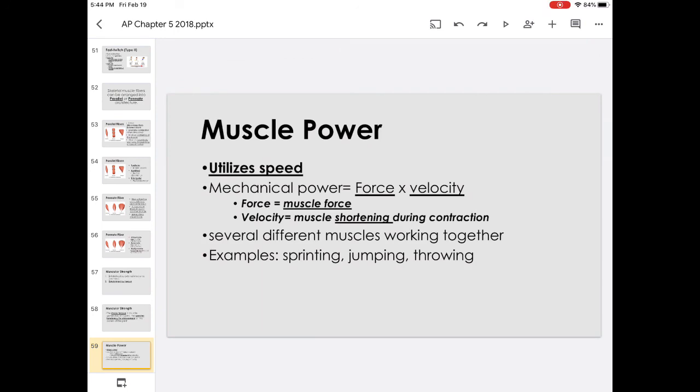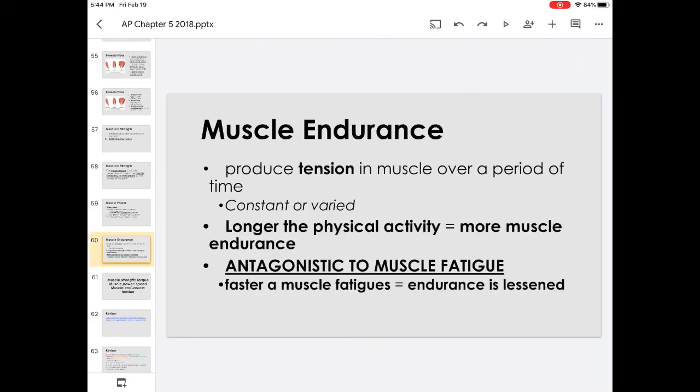When you're talking about velocity, you're saying the muscle shortening that you have during a contraction. When you have muscle power, you're not usually calculating it for just one muscle. You're calculating it for a bunch of different muscles and how they work together. So in muscle power, you would be calculating during sprinting or jumping or throwing and things like that.